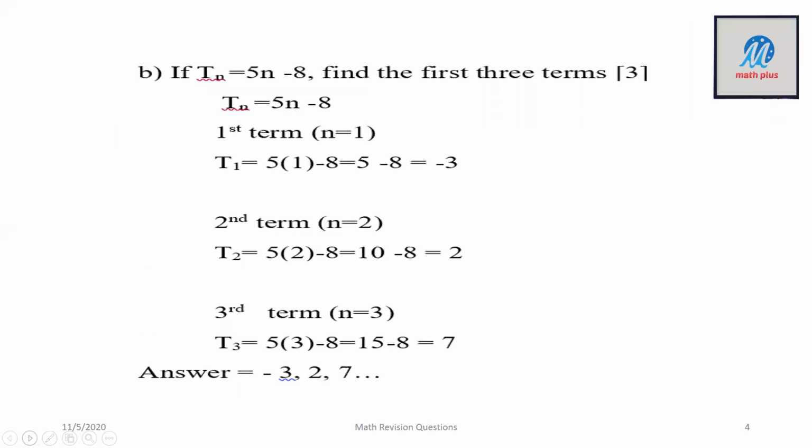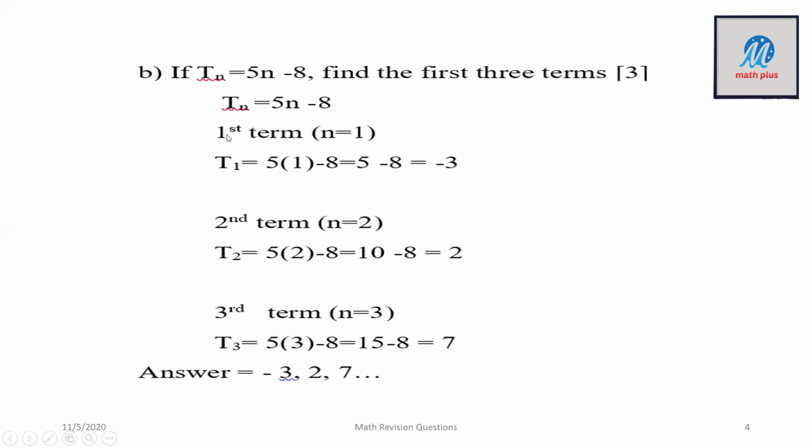Yes, the B part question is, if Tn equals 5n minus 8, find the first three terms. Now they have given the formula. Now what you have to do, you have to find the first term, second term and the third term. So you remember, when you want to find the first term, you take n as 1.